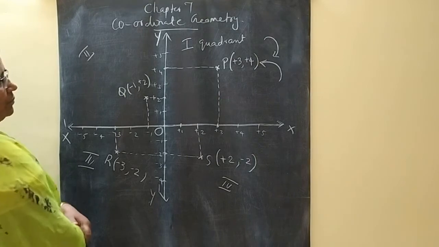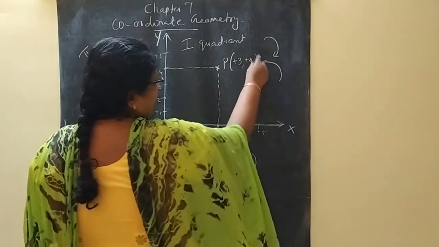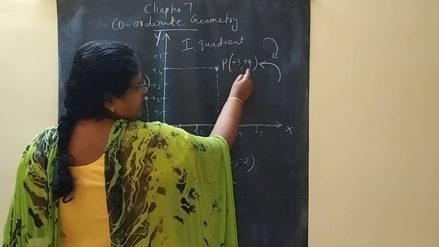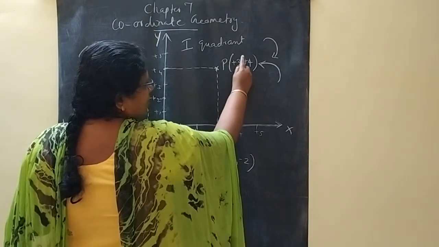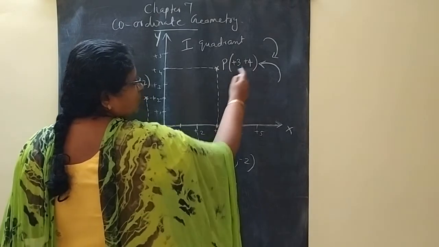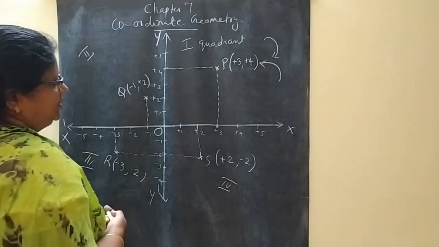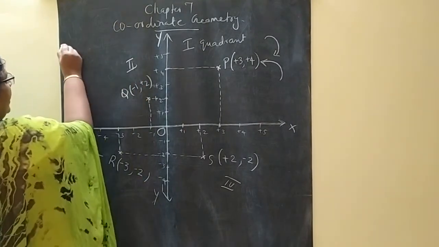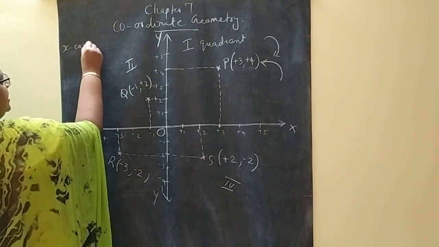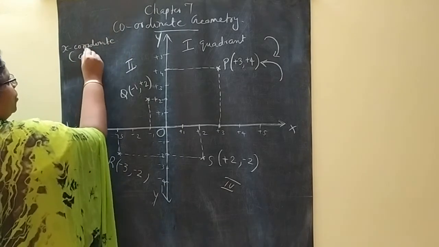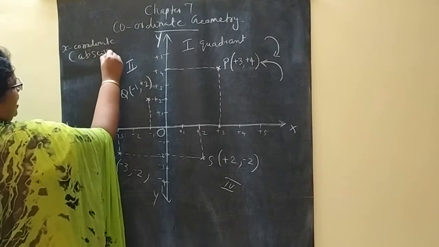Now here, if we mark a point like this, two values we are getting. The first value is called x coordinate, the second is called y coordinate. That x coordinate is also known as abscissa.